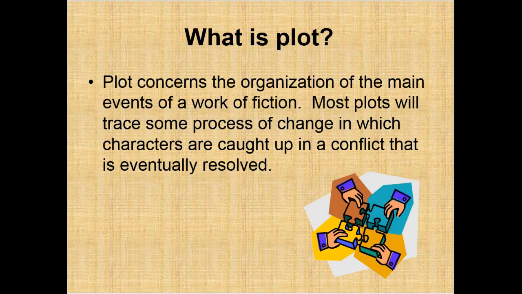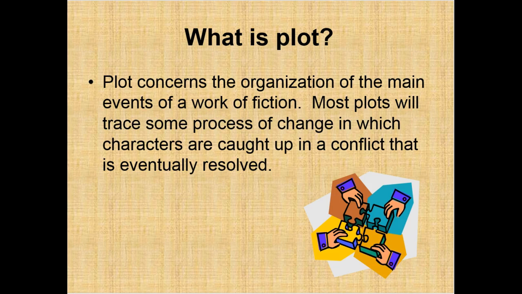So when we talk about plot, what are we talking about? Plot is basically concerned with the organization of the main events that happen in a work of fiction, right? So most of the plots that we trace have some kind of change going on. And typically they're caught up in some type of conflict that is usually resolved.